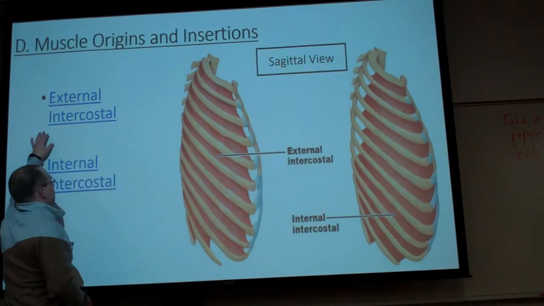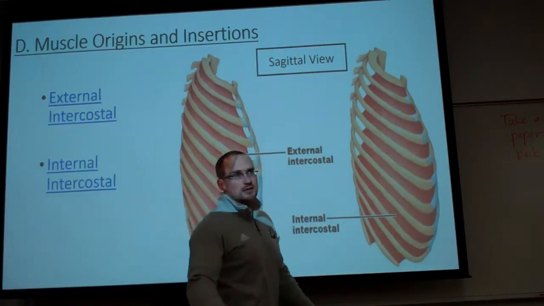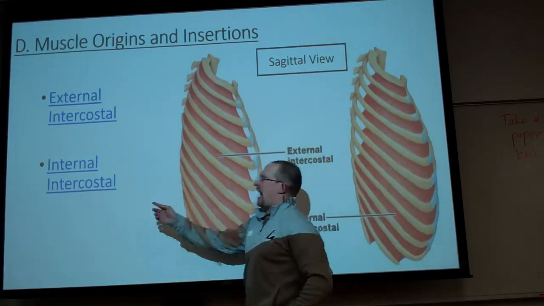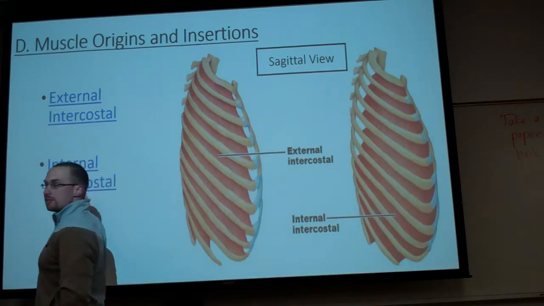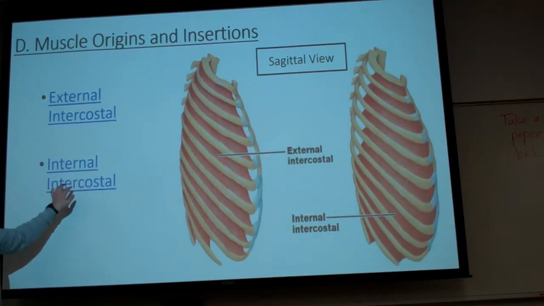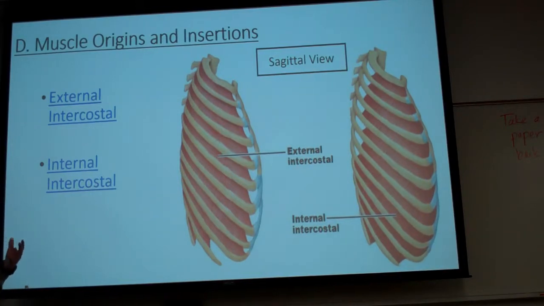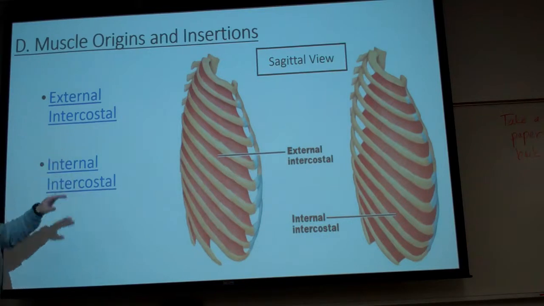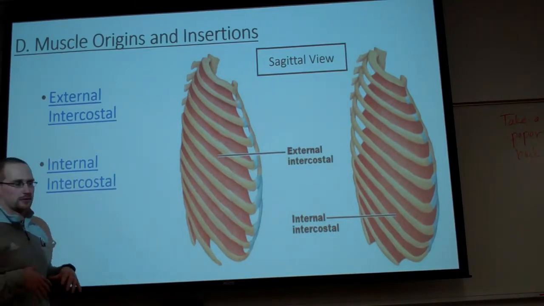Last two. Don't need to know origin insertions for these. But the name again gives it away. Costal, meaning ribs, and inter, meaning between. Between ribs. And so these muscles are between your ribs. External, they lie on top of the internal intercostals.